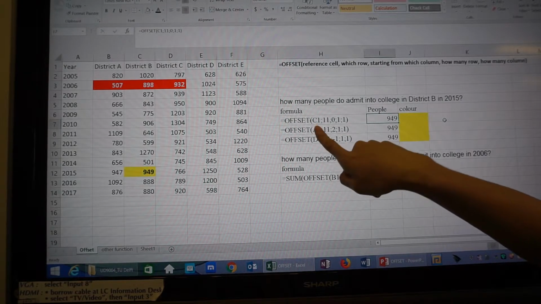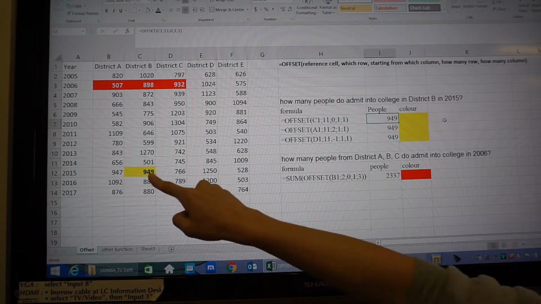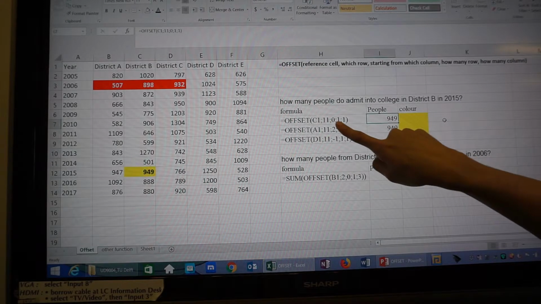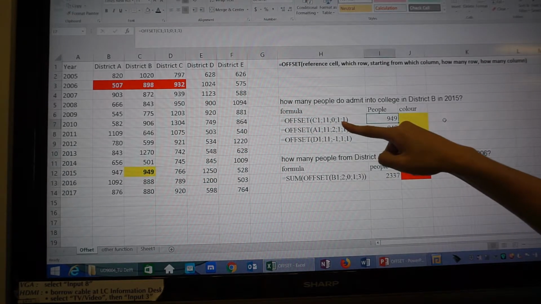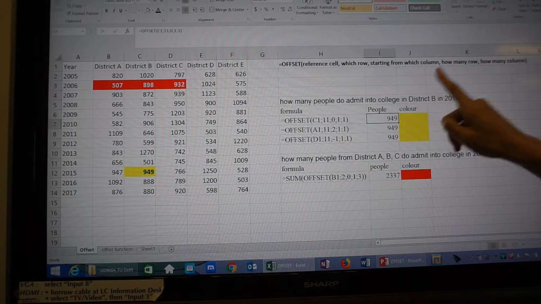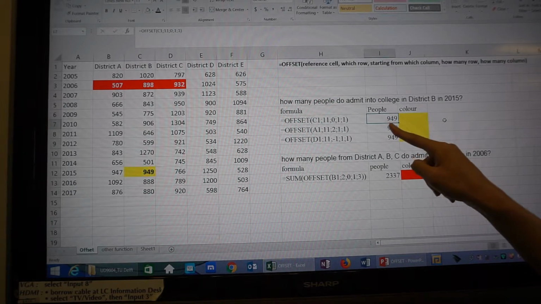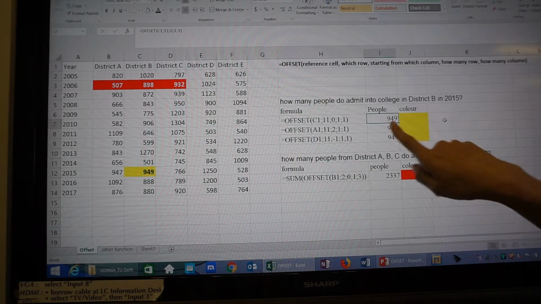We are using the reference cell as C1, which is District B, and then we are looking for the 11th row, which is 2015 here. We're starting from the initial column, so it's 0 here, and then we're going to include only one cell, which is a 1 times 1 array, so 1 row and 1 column here, and there we go. We have the 949 result here, which is the formula that I've inputted into the cell.